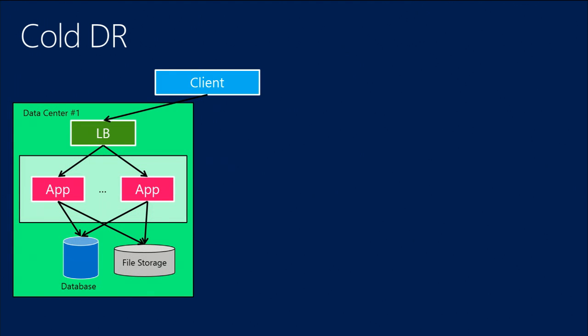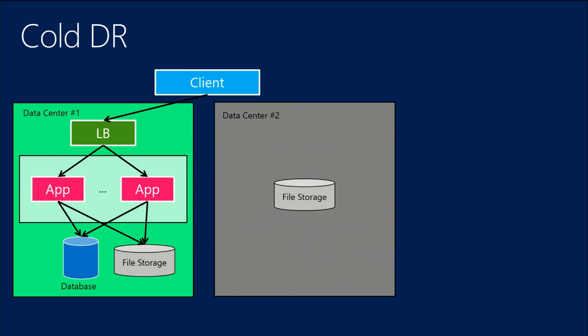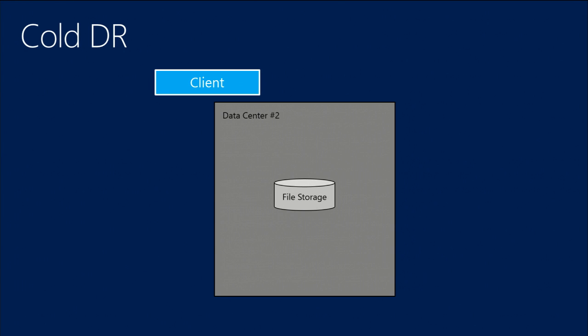So let's see. In theory, what we need for a cold DR is we have a data center. This can be anything. And we have our second data center, which only has some file storage. What we do is just what we always do: do some backups into the file storage. And if for some reason that thing goes down, okay, I can basically put the package there.